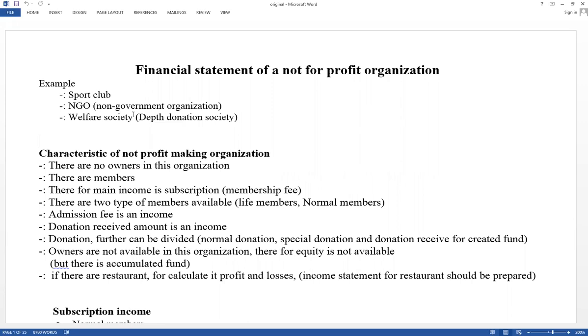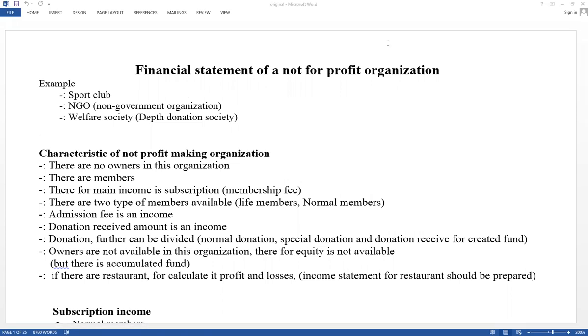Therefore, those are the things available in the not-for-profit making organization. Like profit making organization, asset available, liability available, income available, expense available. Therefore, our duty in accounting is to provide information.